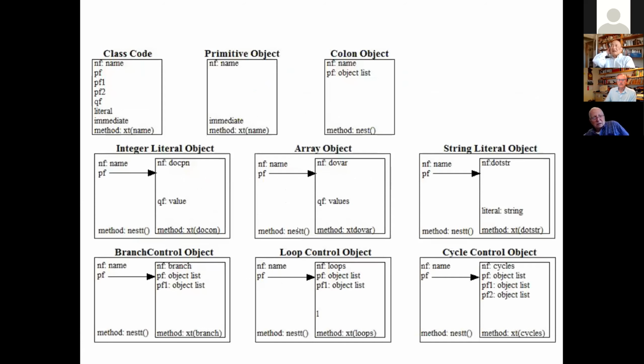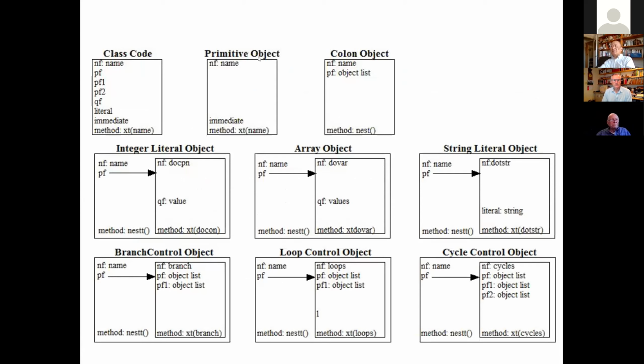And so here is a picture of all these objects. The class code, which defines everything, has these attributes. Many of the objects it creates use only a small number of attributes.